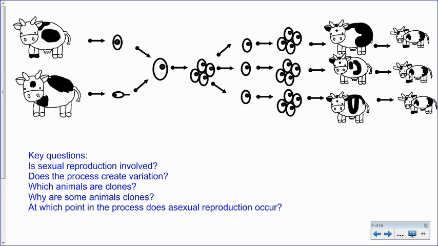So what are the clones? These are clones of each other because they've all come from the same embryo, and every cell in that embryo has the same DNA, has the same genes. That's confusing a little bit because you've got sexual reproduction happening here, and here you've got asexual reproduction. That's the point of cloning.